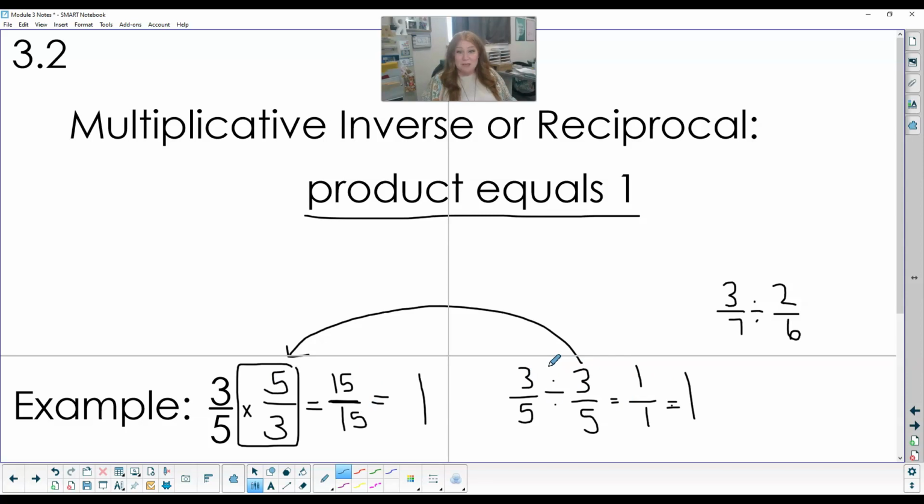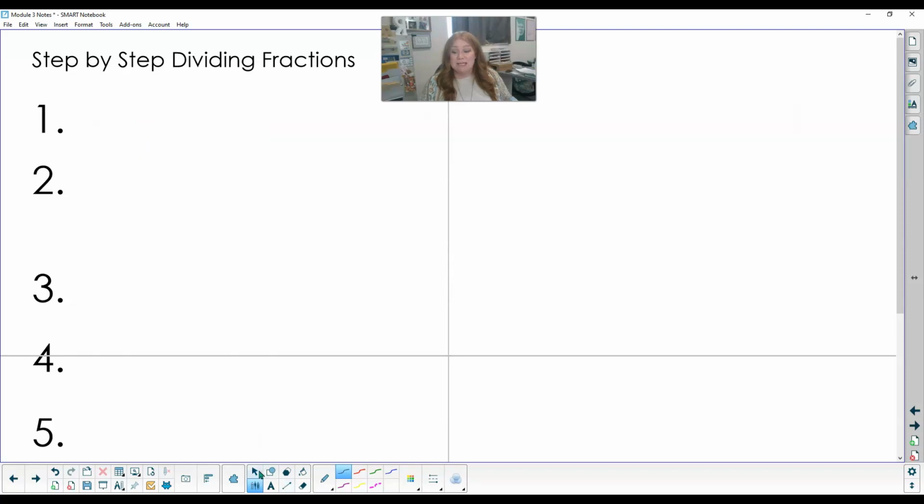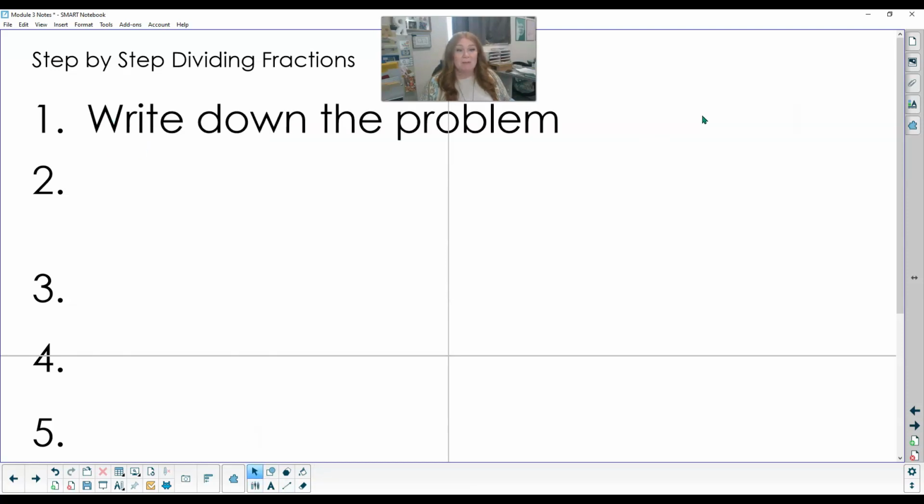So these are nice when the numbers are nice, but I like to use the multiplicative inverse when I have maybe not so nice numbers. And either way, right, it's balancing out. You're going to get the same answer. So let's take a look at a step-by-step process here. So the first thing we want to do is write the problem down.